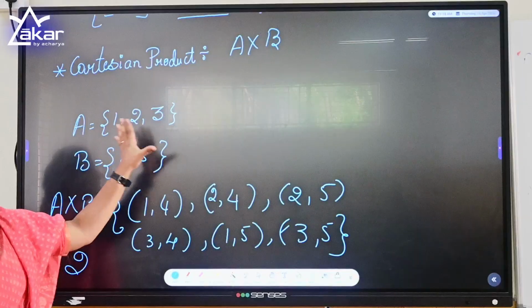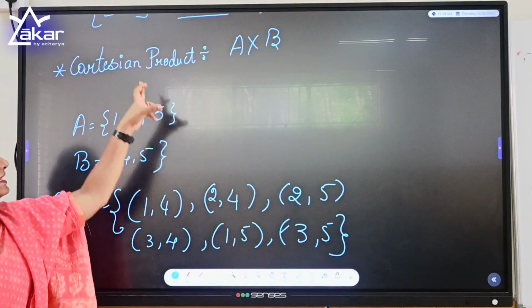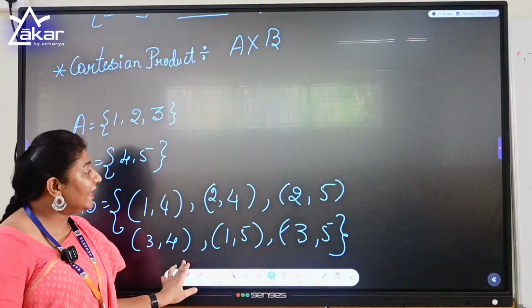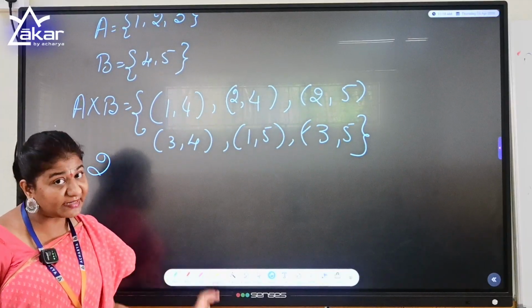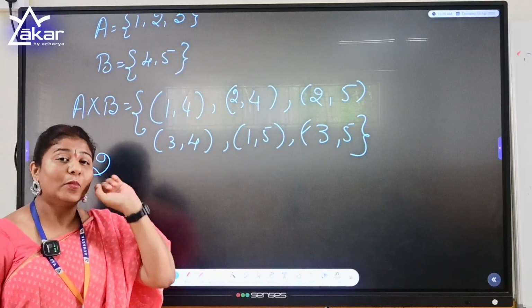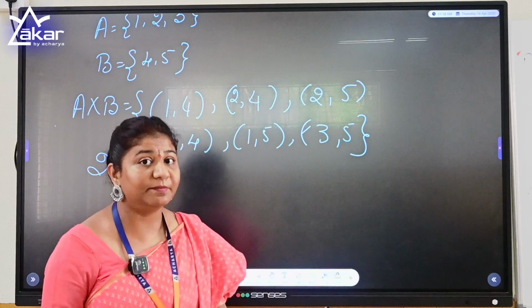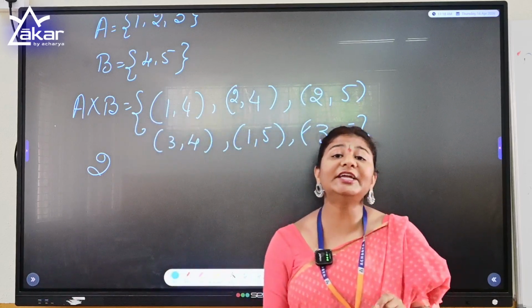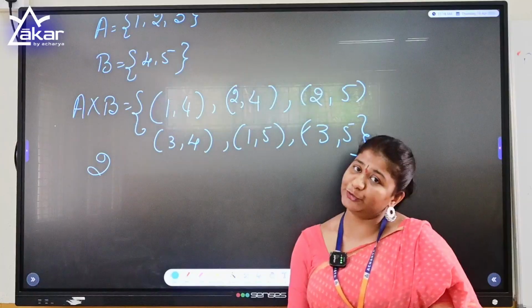Now how is the Cartesian product related to relations? Very simple. When the Cartesian product has been defined, there is one thing you have to remember: for every Cartesian product there is a relation defined between the two sets.